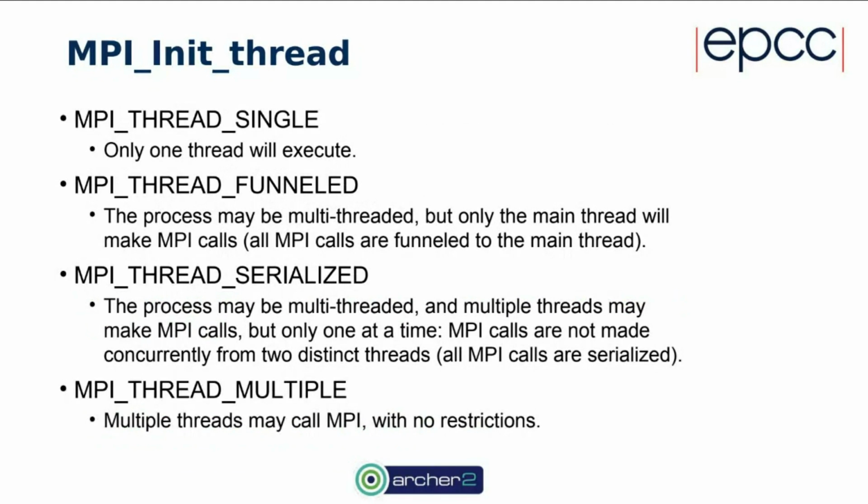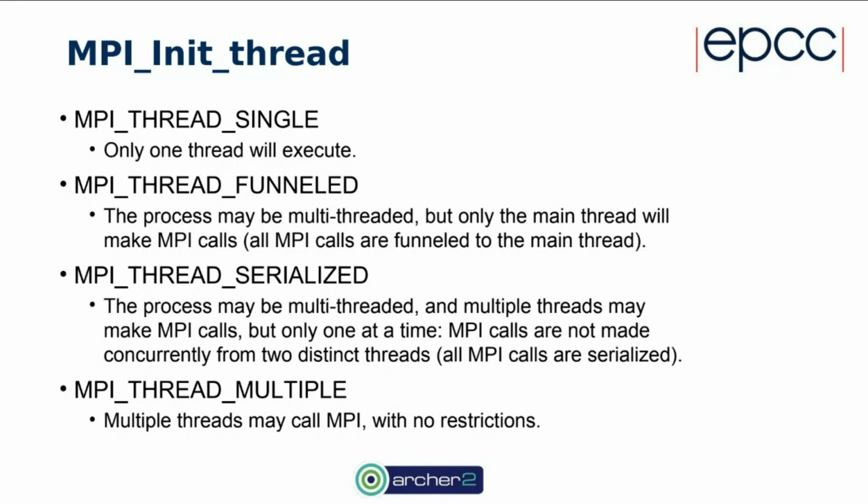The levels of thread support that you can ask for are predefined in the MPI standard. The first one is MPI_THREAD_SINGLE, which says I'm not using multiple threads at all. The second is MPI_THREAD_FUNNELED, which says my MPI processes may be multi-threaded, but only the main thread is going to make MPI calls.